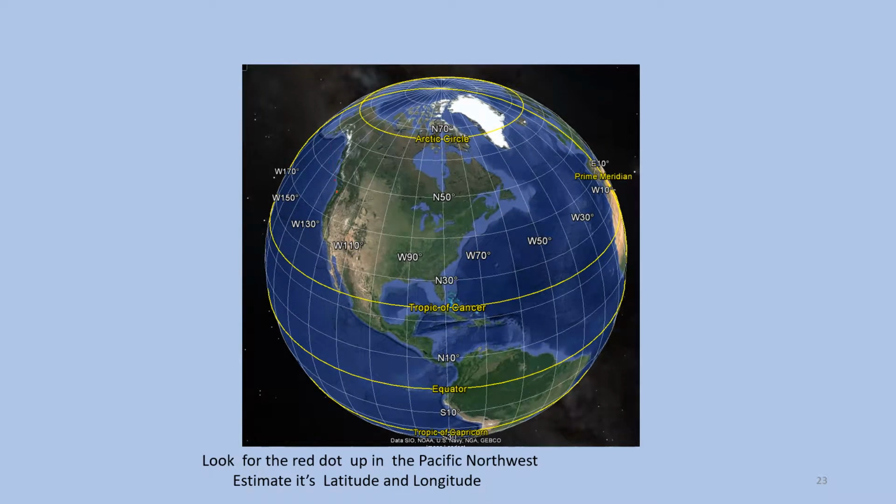Look for the red dot up in the Pacific Northwest and estimate its latitude and longitude.